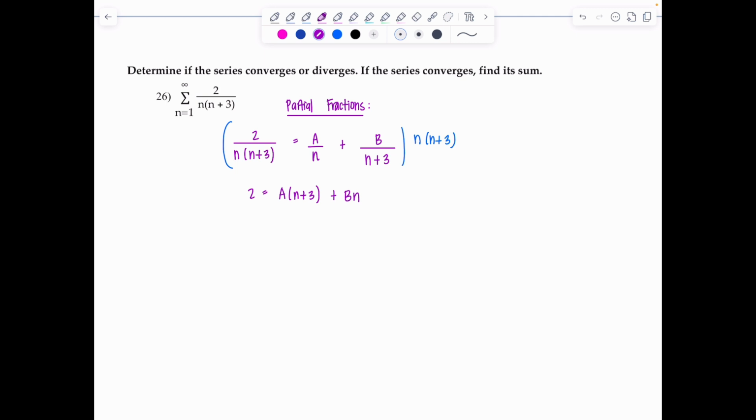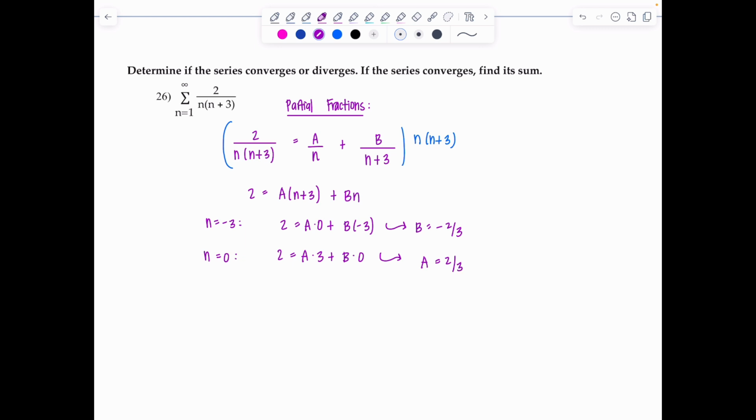Okay, if I substitute n equals negative 3, then I get 2 equals A times 0 plus B times negative 3, so B is negative 2/3. And then if n is 0, I get 2 equals A times 3 plus B times 0, so A is positive 2/3.